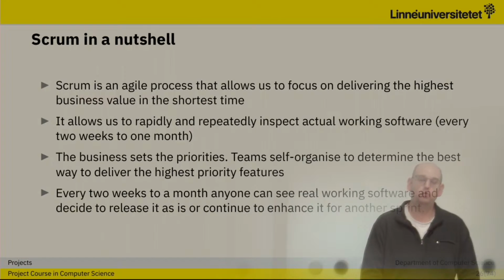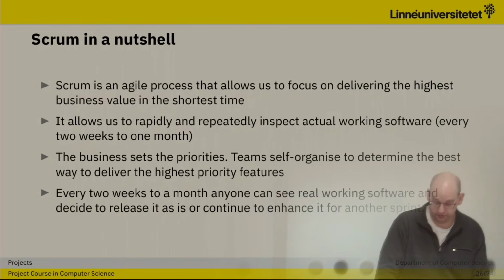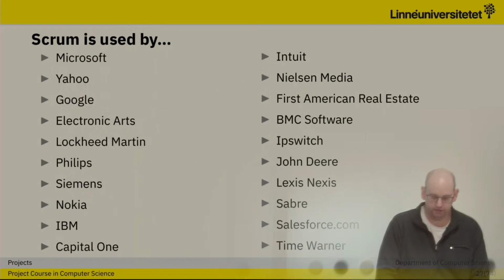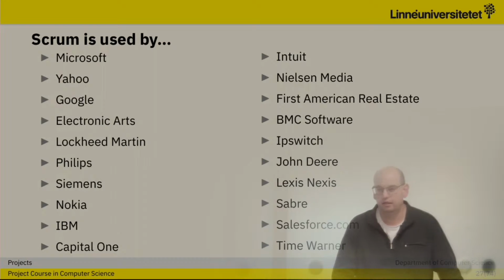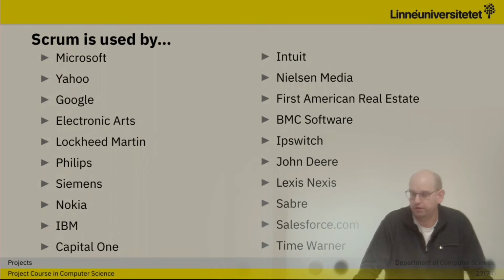Agile has then become one of the most widely used of these different Agile approaches. So Scrum is used by almost everyone, as can be seen in this list: Microsoft, Yahoo, Google, Electronic Arts, and so on.